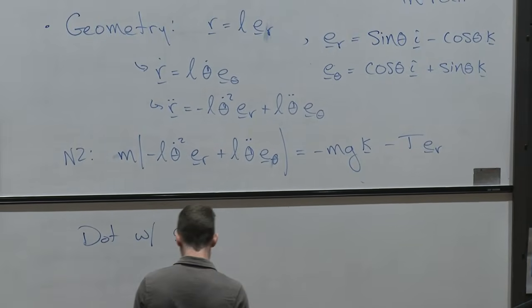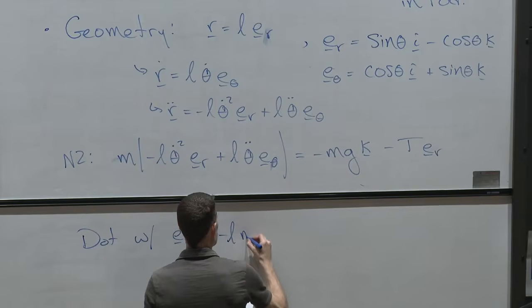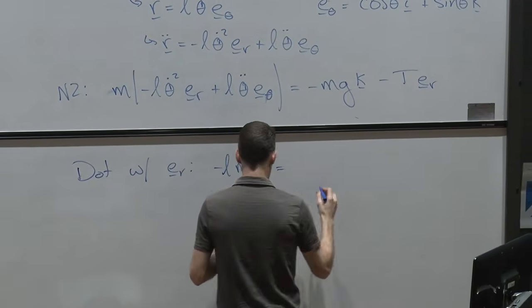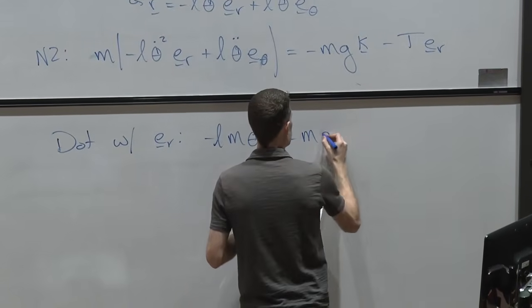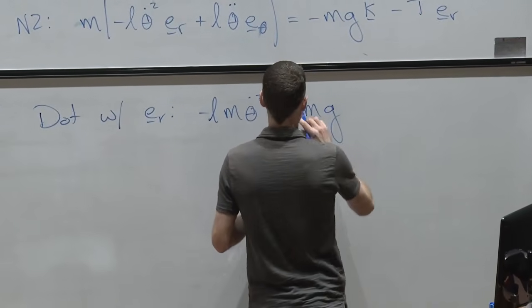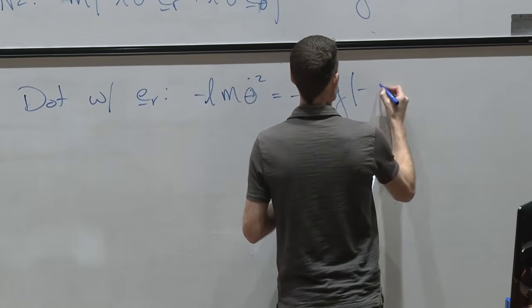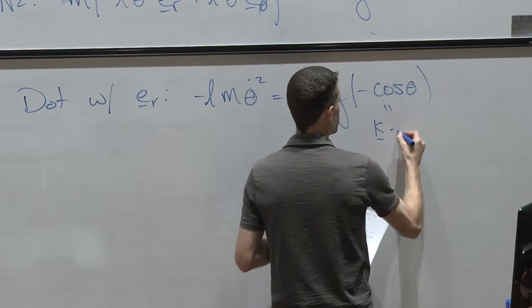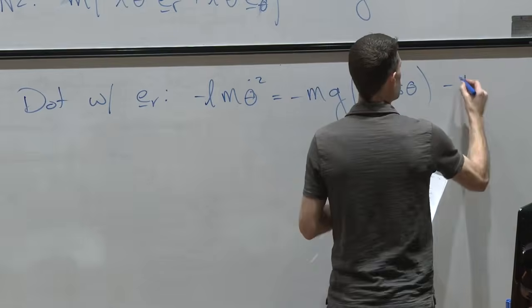So I get minus m L theta dot squared is minus mg times minus cosine theta, because that's k dot ER, minus T.